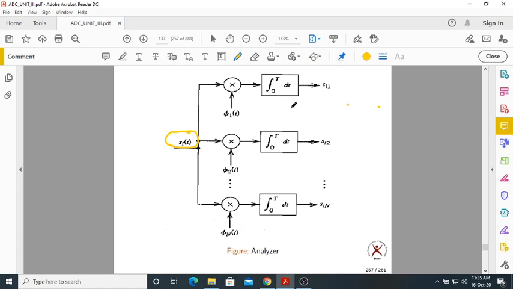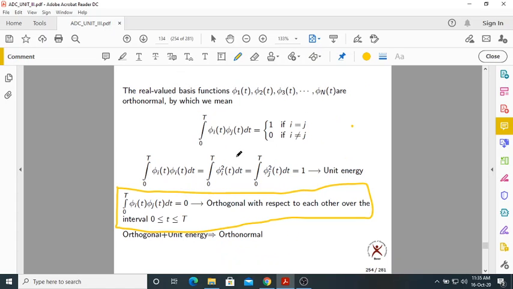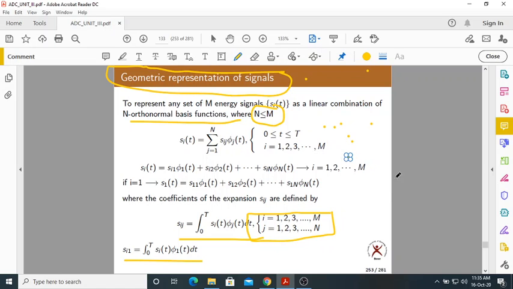How to get Si1 from Si of t? Okay, let me go back. You take this equation very carefully. How to get Si1 from Si of t?